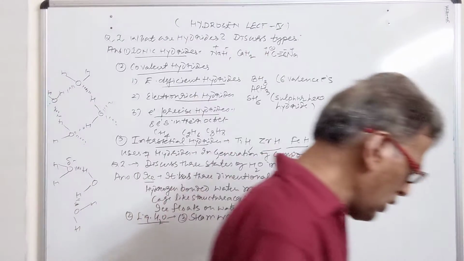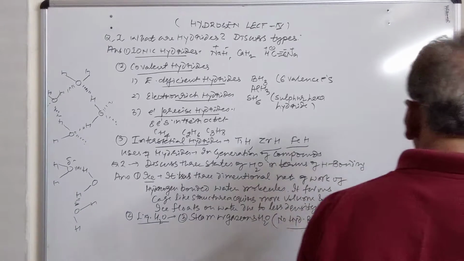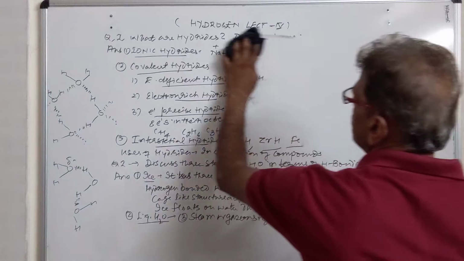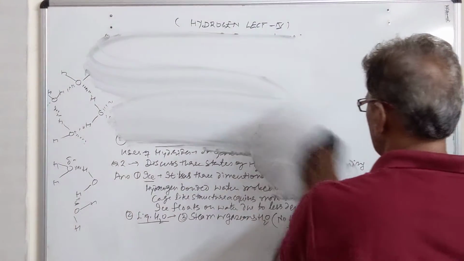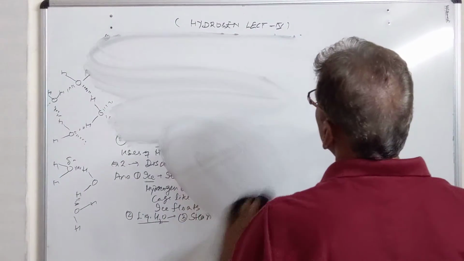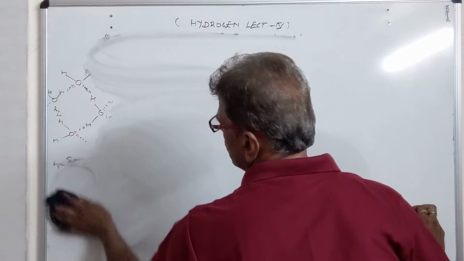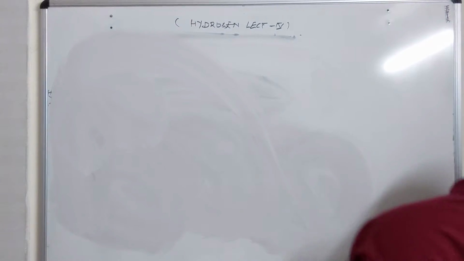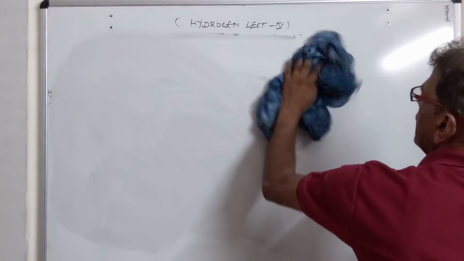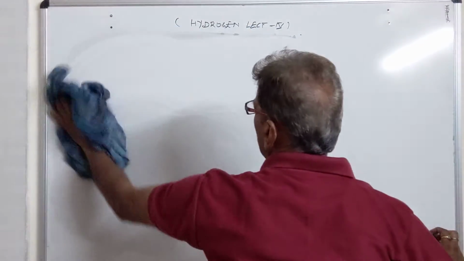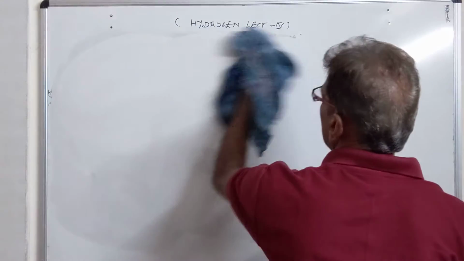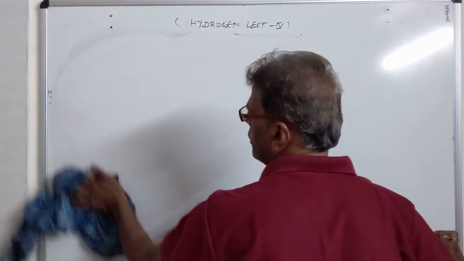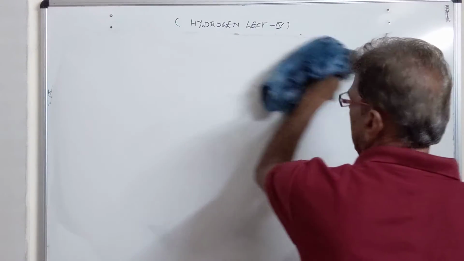Then we have a very important question: why is the density of water maximum at 277 Kelvin? As we saw, in case of ice, there is a 3-dimensional covalent network of hydrogen bonded water molecules, where each water molecule is having 4 hydrogen bonds.